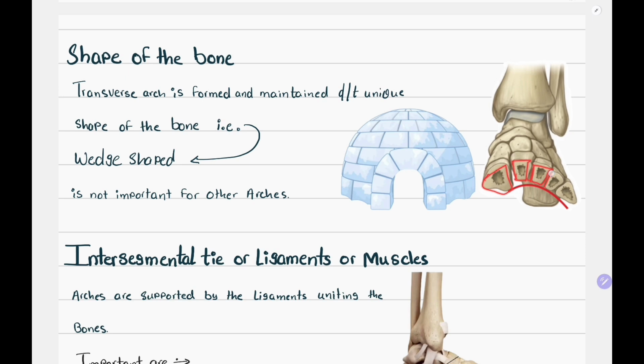Bones are not cuboid, not circular, they are wedge shaped. So this kind of shape of the bone allows for maintaining the transverse arch. So shape of the bone is not important for other arches. I hope you are able to appreciate how shape of the bone maintains the arch.